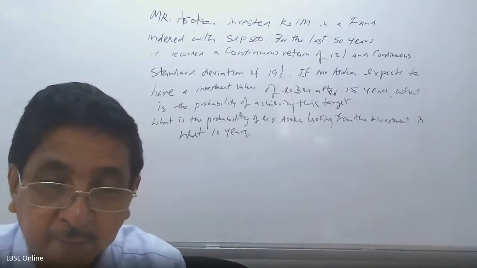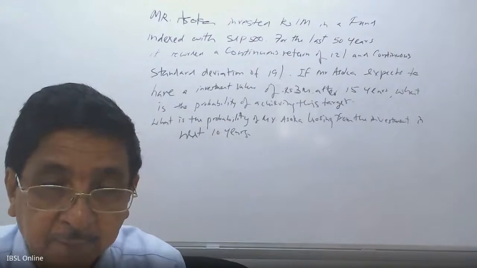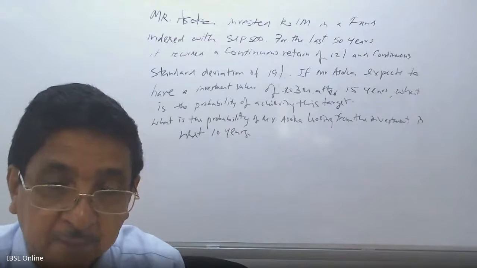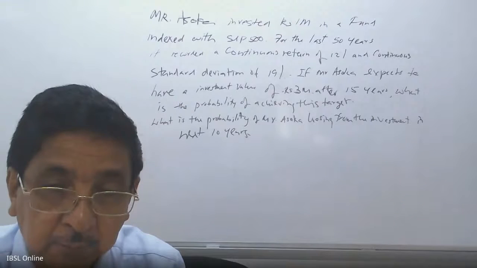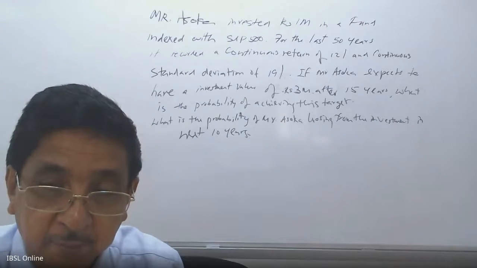Is the Z value correct? 0.9531. Yeah, if it is 0.9531, then you can go to the normal curve table and arrive at this.